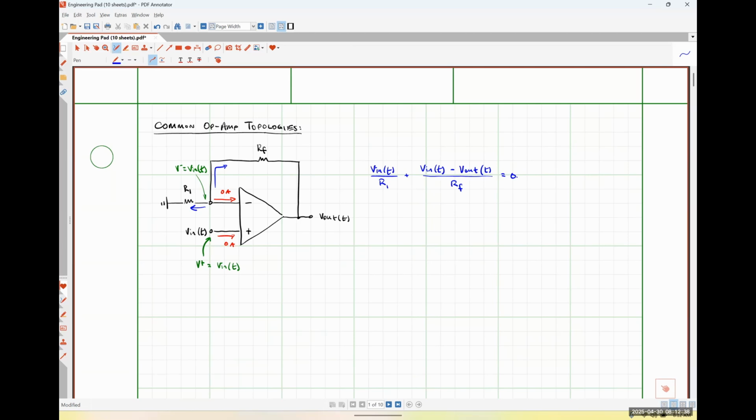If I rearrange this expression, putting all of my Vn terms on one side and my Vout term on the opposite side, what I find is that the output voltage for this particular configuration is equal to (1 + Rf/R1) multiplied by my input signal. So this is an example of what's called a non-inverting amplifier.